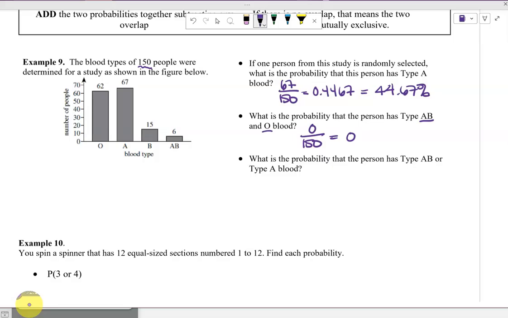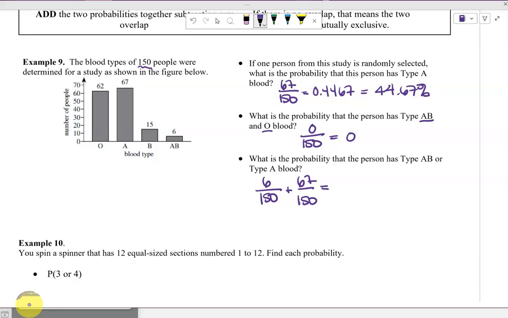And then what's the probability that the person has type AB or type A? Okay, AB is right here, and we have 6 out of 150, plus, and these are mutually exclusive because you can't have both blood types, so A, there's 67 out of 150.